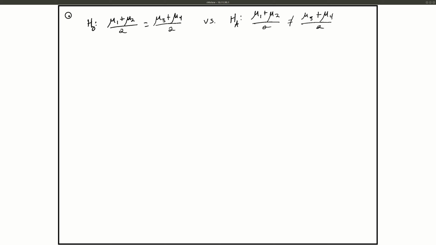Now, writing the null and alternative hypotheses like this is fine, but there's another way we can write it that will reveal the structure of the linear contrast. So we can think about moving all of these terms to the same side of the equation and then distributing this factor of a half to each of the mu's.